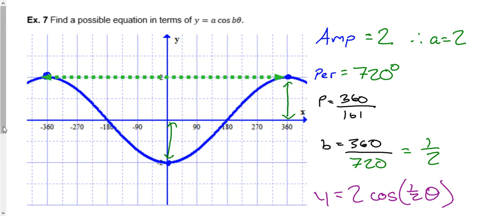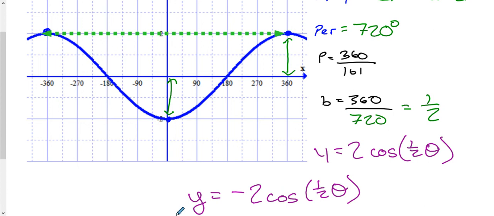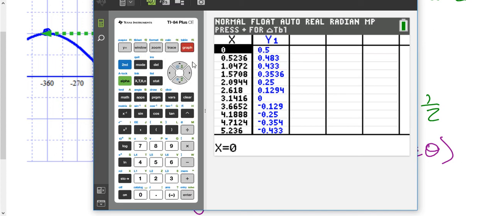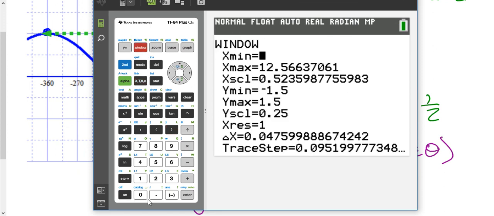If I graph that versus this one here, let's figure out why I want to graph this second one here and not this first one. So let's go to our graph here. So the first graph here was 2 cos 1/2. I can just short form that to 0.5x, by the way. Between negative 360 and positive 360.